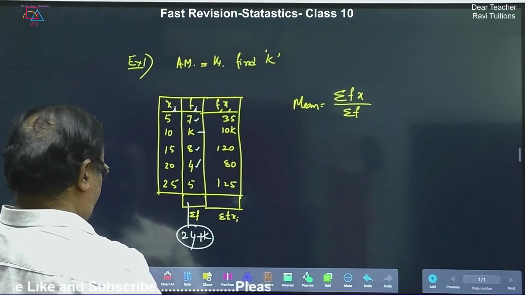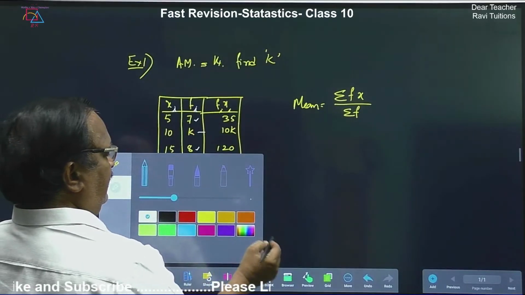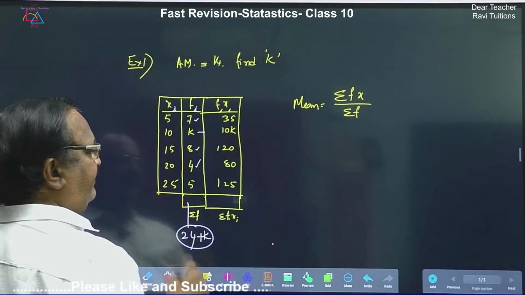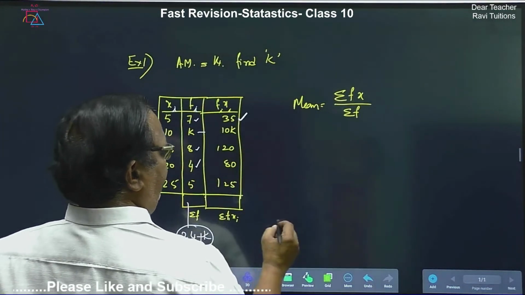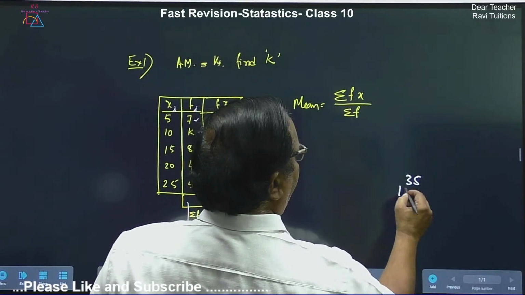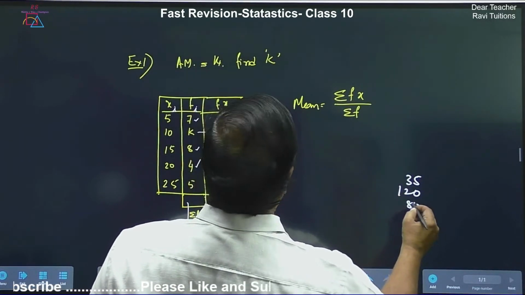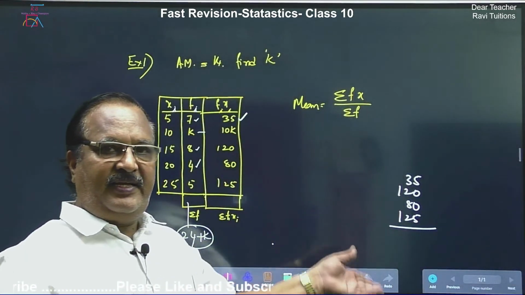24 plus k is sigma f. Now let us add this also. We will add this: I will write here 35, 120, 80, 125. Most of the students will make a mistake here also.